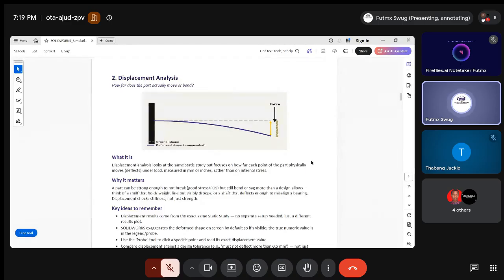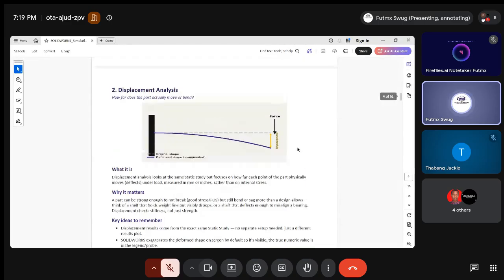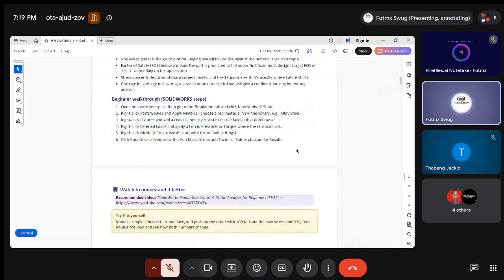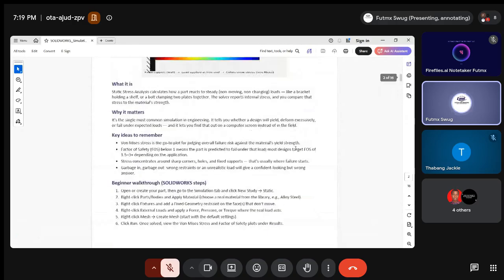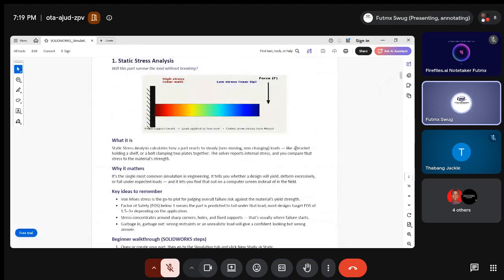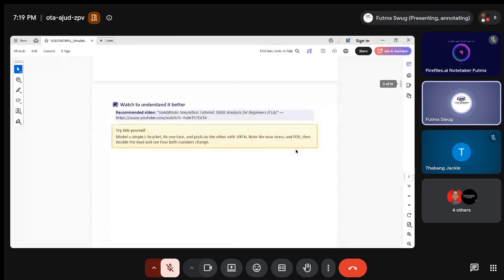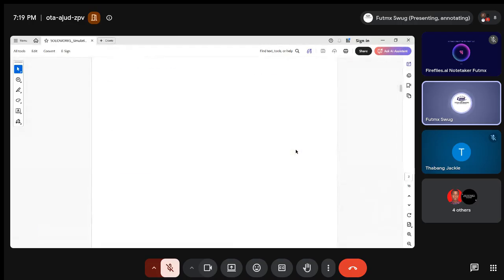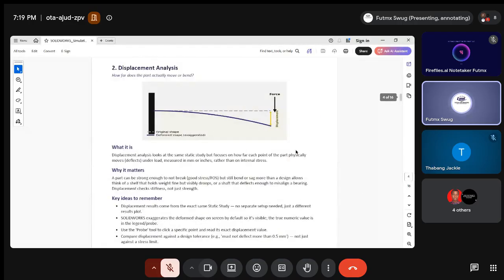The static analysis we did yesterday was to tell us at what point a particular load will break the part. You understand? That's what our static analysis was able to tell us. But your displacement analysis tells you at what point your part will bend, or at what point it will move.